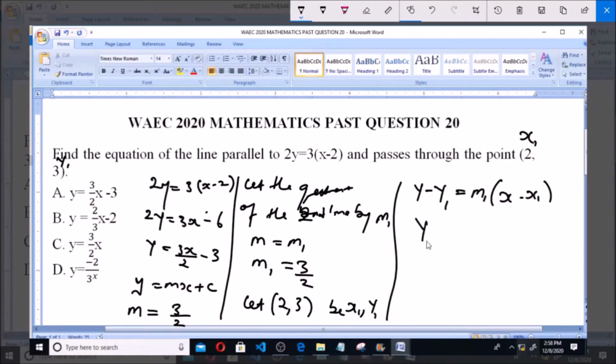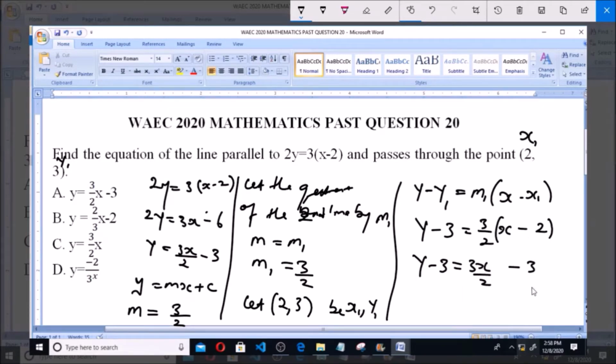So we have y minus 3 is equal to the slope, which is 3 over 2, into x minus x1, which is 2. So from here we have y minus 3 is equal to 3x over 2 minus 3.